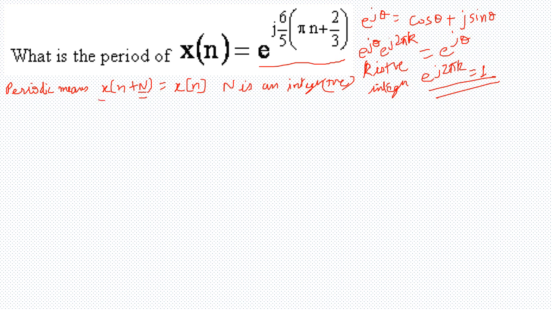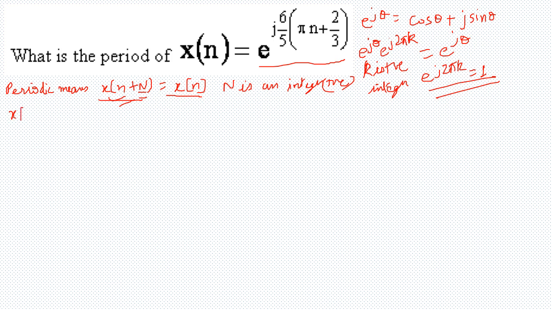If this property is satisfied, it means after N samples we again get x[n], so the signal is considered to be periodic. We already have x[n] and we need to prove this equal to x[n]. So we start evaluating x[n + N].